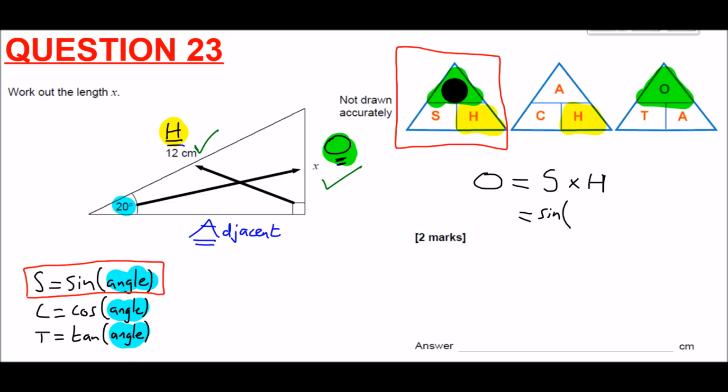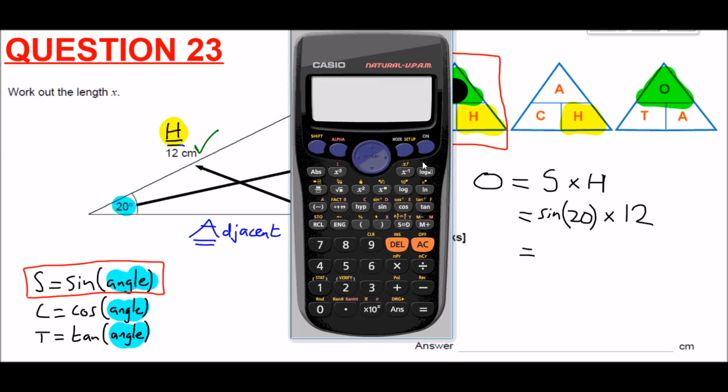So sin 20 multiplied by the hypotenuse, which is 12. So X is your opposite side, so we can do this calculation now to find out what X will be. Sin 20 multiplied by 12.